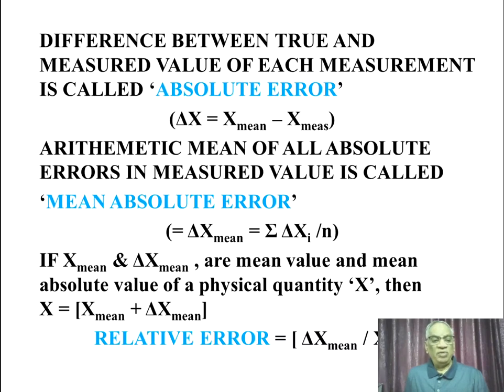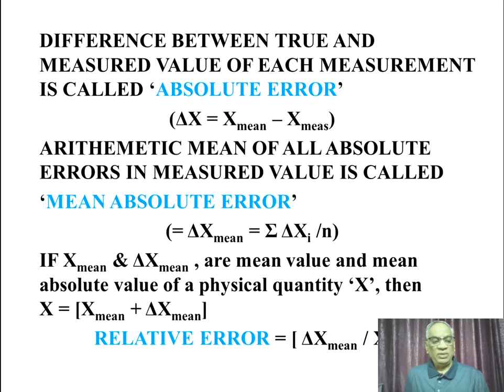Similarly, the arithmetic mean of all such absolute errors: there are 10 measurements you have done, so for each measurement you calculate the absolute error, and then sigma delta xi by n is delta x mean, that is the mean absolute error.